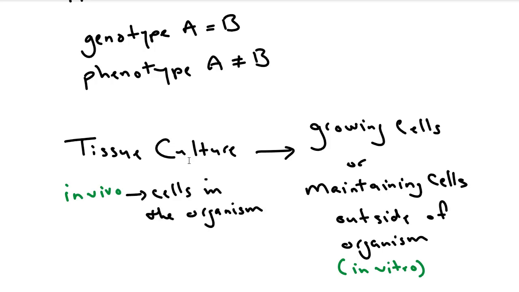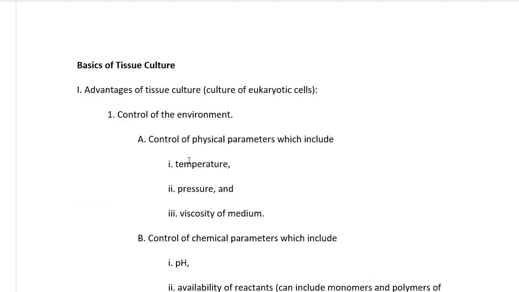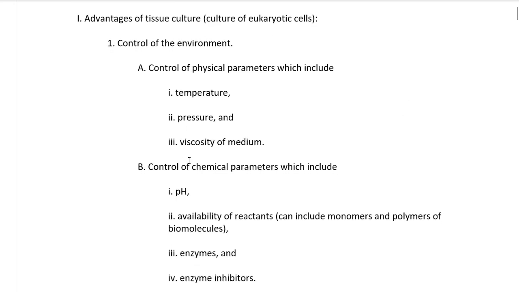So let's go back to our study sheet. The basics of tissue culture. Advantages of tissue culture. Control of the environment. Control of the physical parameters, which include temperature, pressure, and viscosity of the medium.